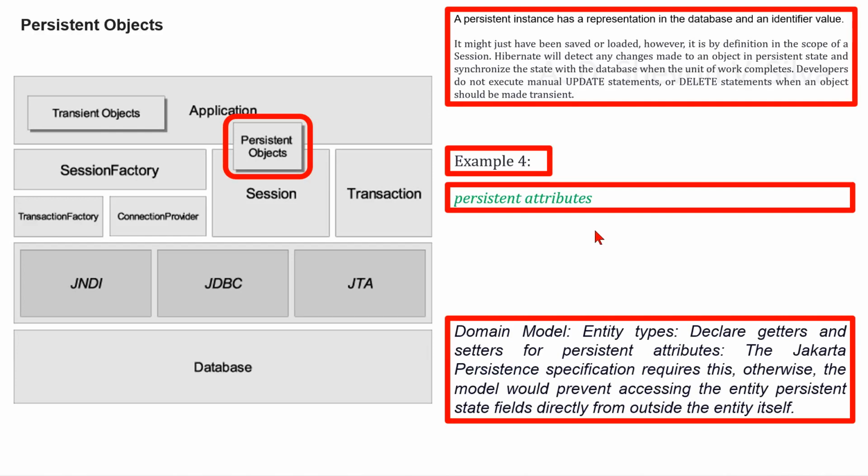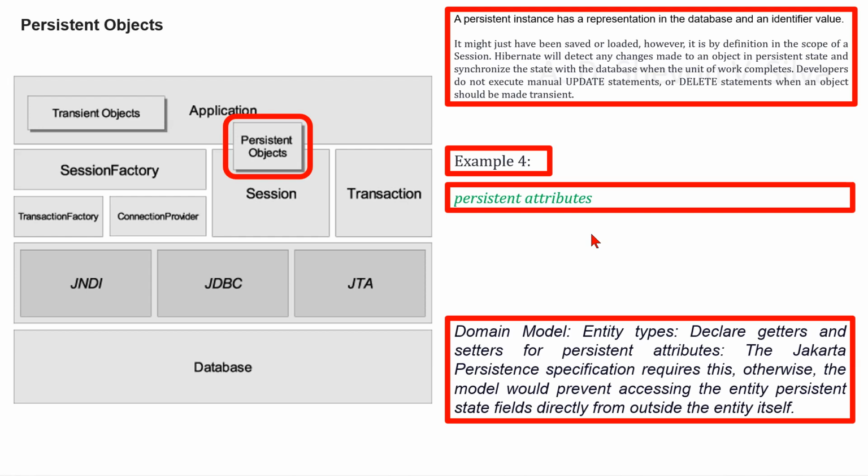Now we are considering declaring getters and setters for persistent attributes in entity types in the domain model. The Jakarta persistence specification requires this, otherwise the model would prevent accessing the entity persistent state fields directly from outside the entity itself. Although Hibernate does not require it, it is recommended to follow the Java Bean conventions and define getters and setters for entity persistent attributes.